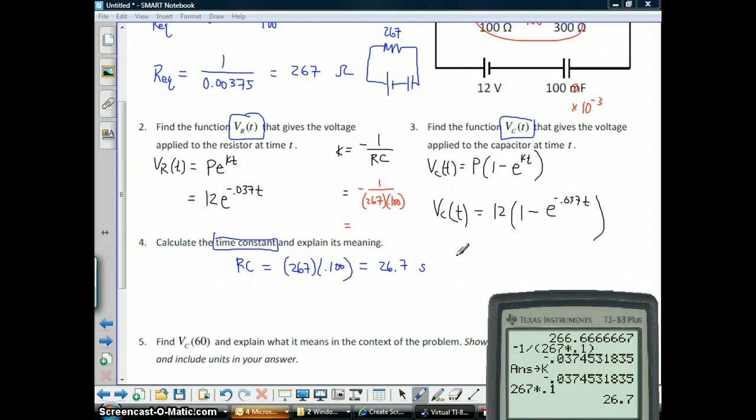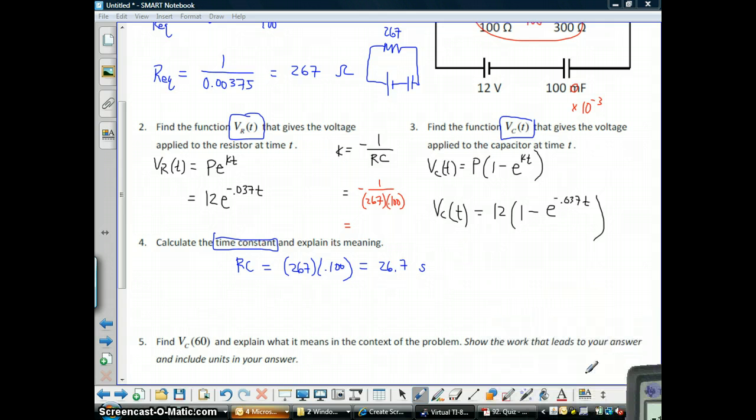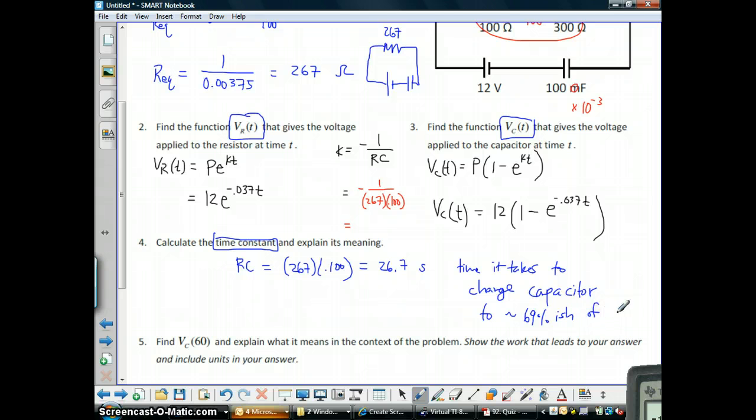Forget the exact number, about 69%. Okay, so moving on. It's the time it takes to charge the capacitor to about 69%, or it's like 68 or 67, something like that, ish, of the total voltage.